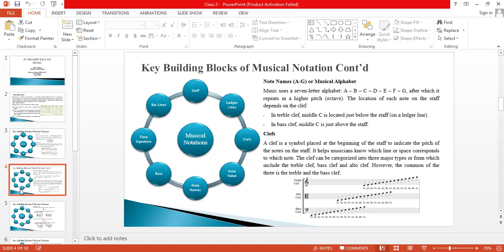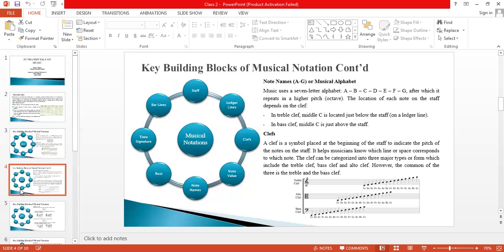What is a clef? A clef is a symbol placed at the beginning of the staff to indicate the pitch of the notes on the staff. If you look at the picture diagram below, you see that they are listed. We have different symbols given there.